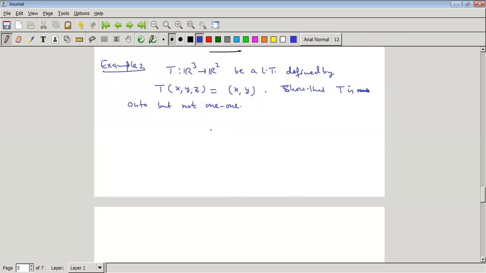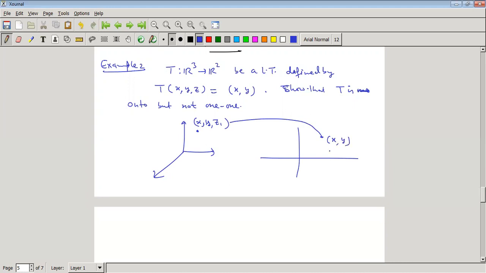So again, if we look at the transformation, this is our plane R3 and this is R2. If we pick any point (x, y, z1), what is the image of this point? The image of this point is (x, y).